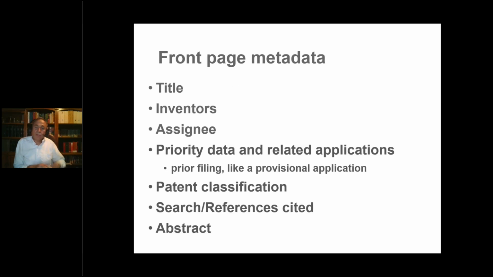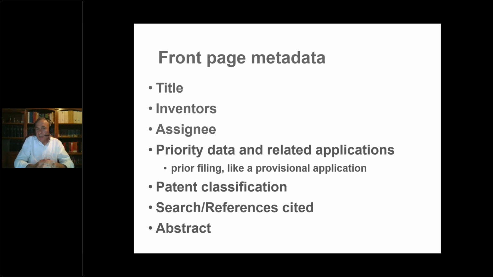So on the front page, we have a lot of metadata: the title, the inventors, the assignee, priority data, and related applications. Now, the date that a patent application is filed is a very important date, and it's called the priority date, because that's the date before which something could be prior art, and after which is less likely to be prior art.